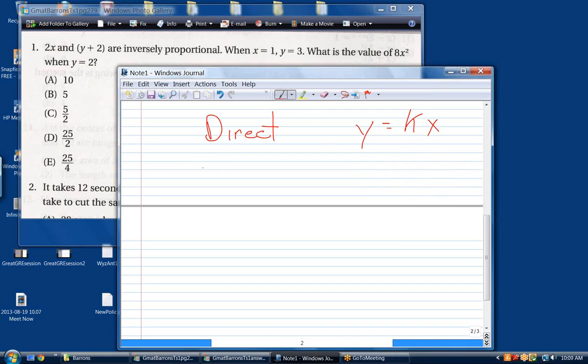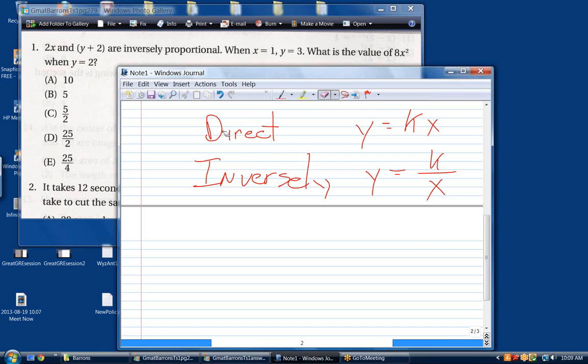If I say that y is inversely proportional, it means y is equal to k divided by x, which means when x goes up, y goes down. When x goes down, y goes up. Okay, that makes sense. So those two concepts are definitely worth knowing.